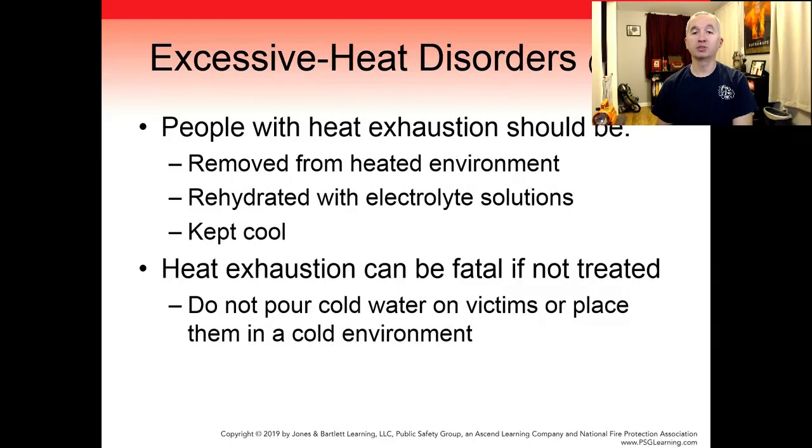Individuals experiencing heat exhaustion should be removed from the heated environment, rehydrated with electrolyte solutions, and kept cool. Heat exhaustion can lead to a potentially fatal condition if not properly treated. Avoid pouring cold water or placing the victim in an unusually cold environment, and use tepid water for drinking and cooling the skin.